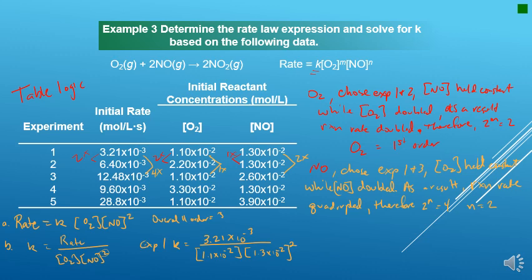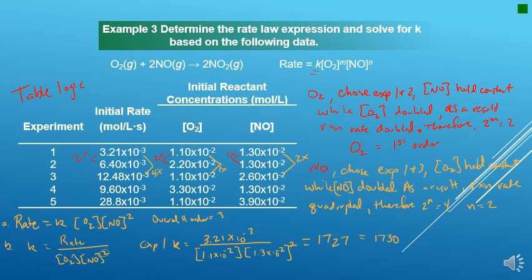So if we type those in, 3.21 times 10 to the minus third divided by 1.1 times 10 to the minus 2, and then divided by 1.3 times 10 to the minus 2 squared, we end up with a value equal to 1727. We have 3 significant figures, so we'll round that to 1730.